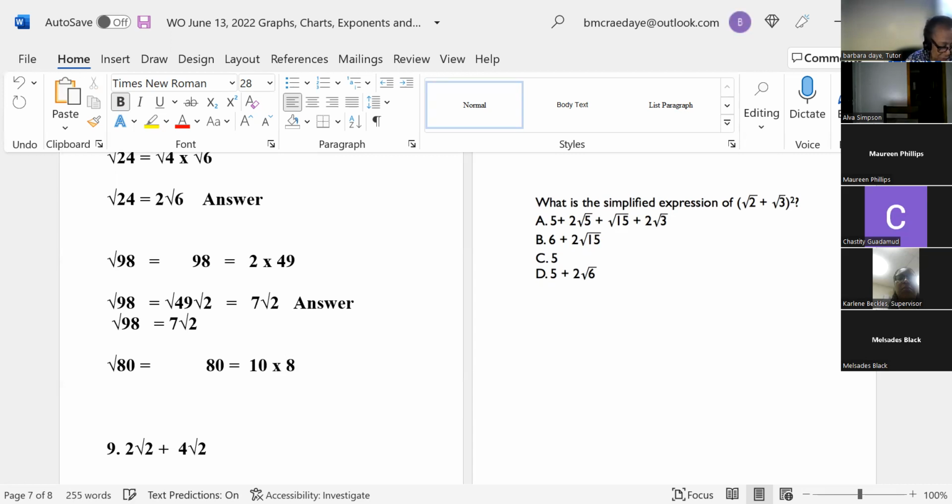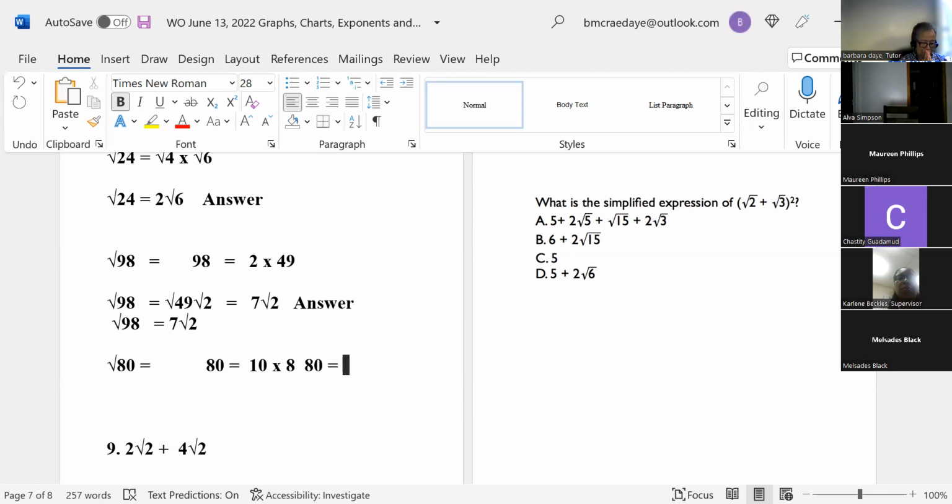Okay, give me another set. Two other numbers you can multiply and get 80. 10 and 8 are factors, but 10 does not have a perfect square root, nor does 8.